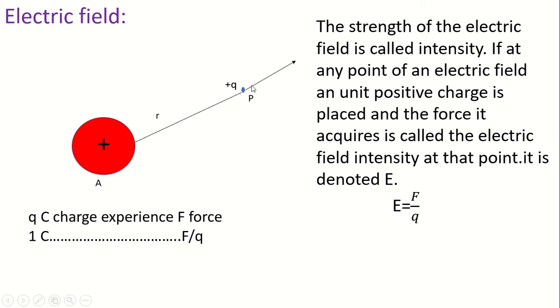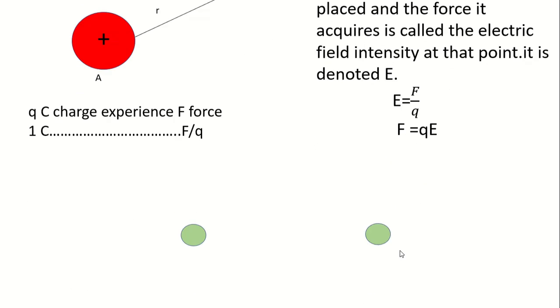Because this is positive and this is negative, it will be attracted, so the force direction will be towards this direction, and in that case the direction of electric field intensity will be opposite to the direction of the force. So E equal to F by Q, and we can write F equal to QE.